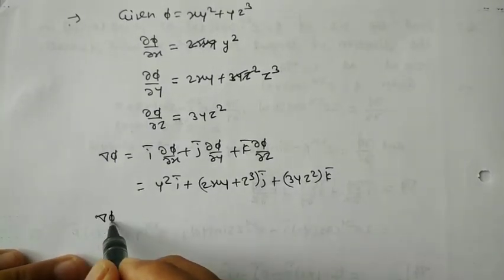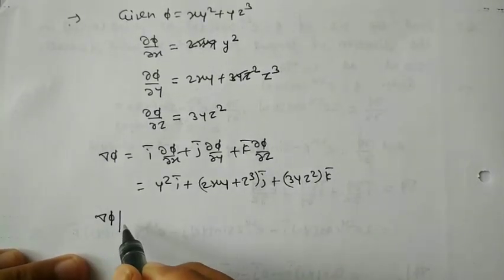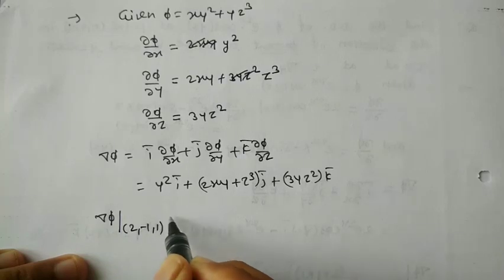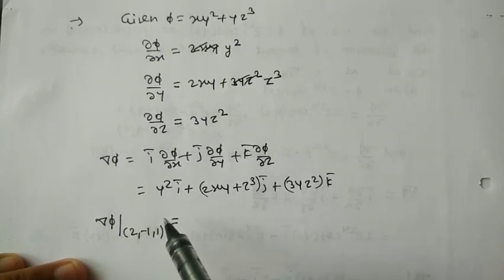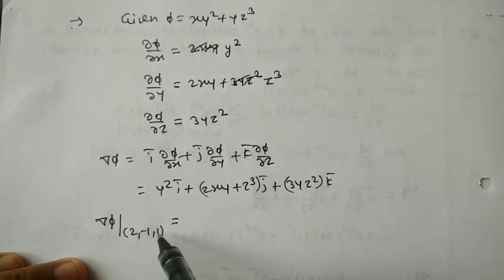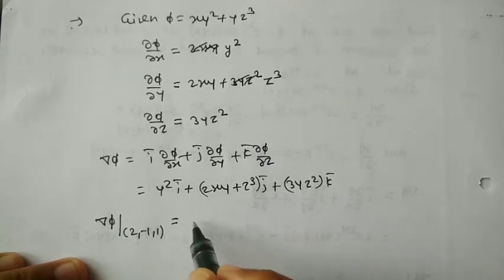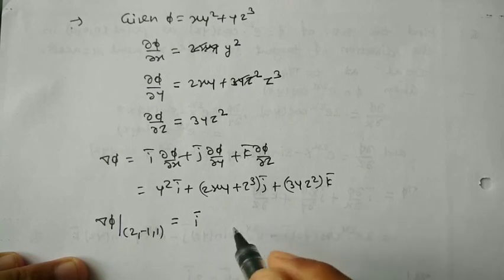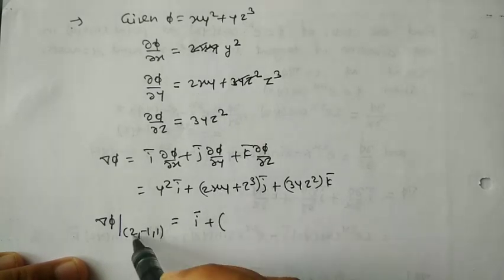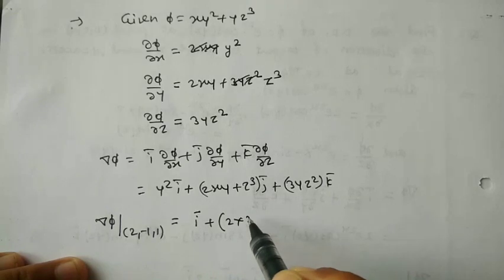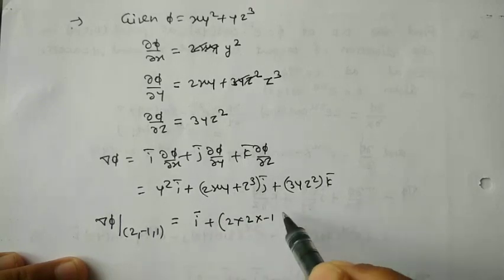Now we have to calculate the directional derivative at the point 2, minus 1, 1. So put x equals 2, y equals minus 1 and z equals 1 here. When you put y equals minus 1, y square is 1, 1 into i bar, that is i bar. Then 2 into x, x is 2, that is 2 into y is minus 1.